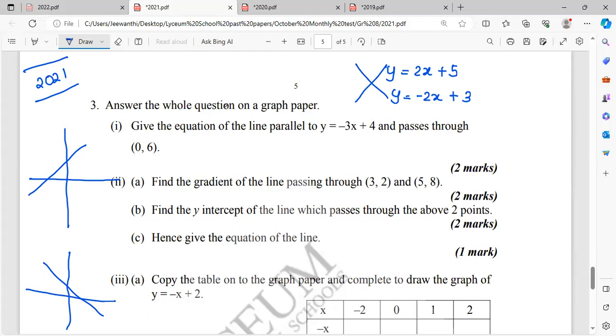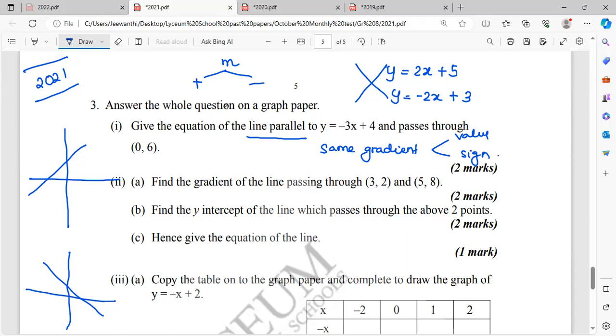When you are talking about the gradient, you can have either a positive gradient or a negative gradient. Here, I use the term that if they are parallel, they should have the same gradient, in the sense their value should be equal and their sign should be equal, right? Both requirements should be fulfilled to identify them as parallel lines.